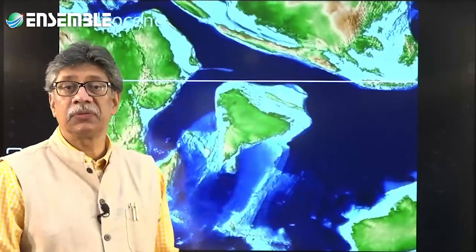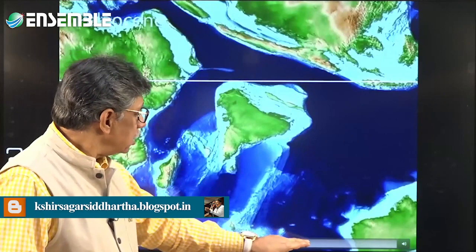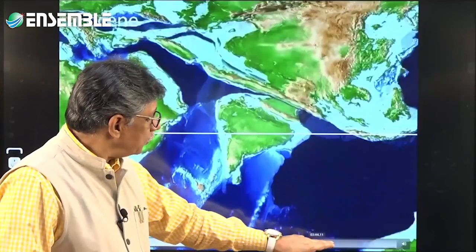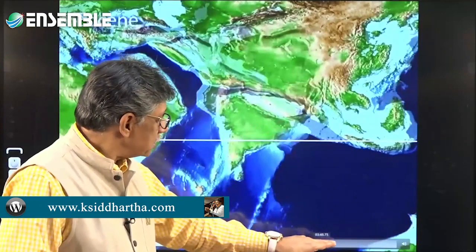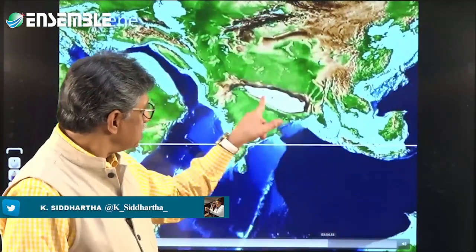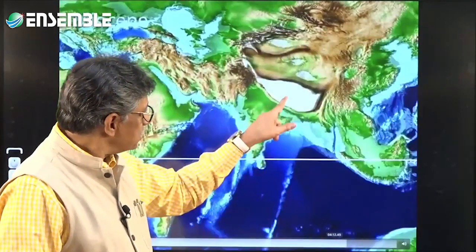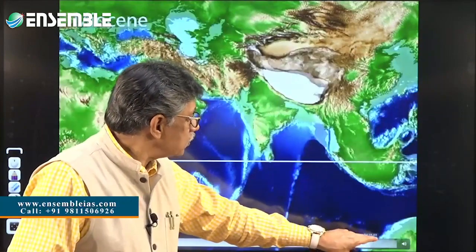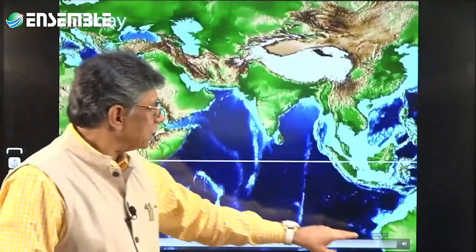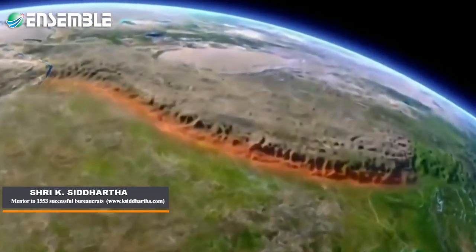This is where a good number of sediments have been deposited. As you can find, there is more northward movement further that goes on to lead to formation of collision zones and the formation of the Himalayas. See, this is the place where the Tibetan plateau is going to form. In this place, see how exactly India is colliding, and it leads to the formation of the Tibetan plateau. Ultimately, it leads to the formation of the complete India right now.